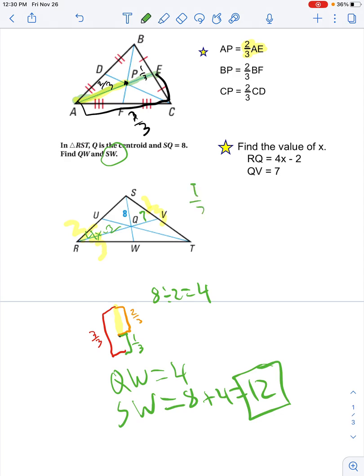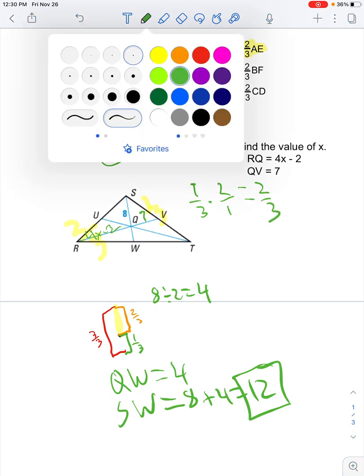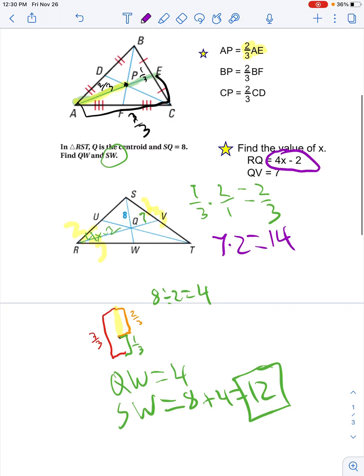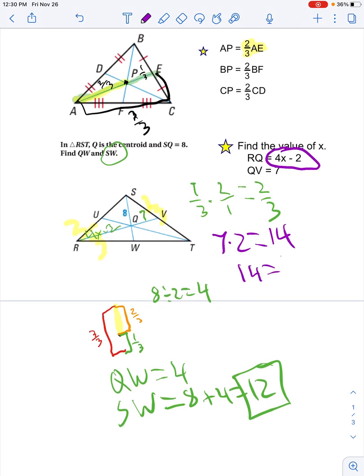So if 1/3 is 7, I can go 1/3 times 2 and get 2/3. I'm going to take what I got for my smaller section, which was 7, and multiply it by 2 so that it equals 2/3. Then I'm going to set it equal to this to solve for x.